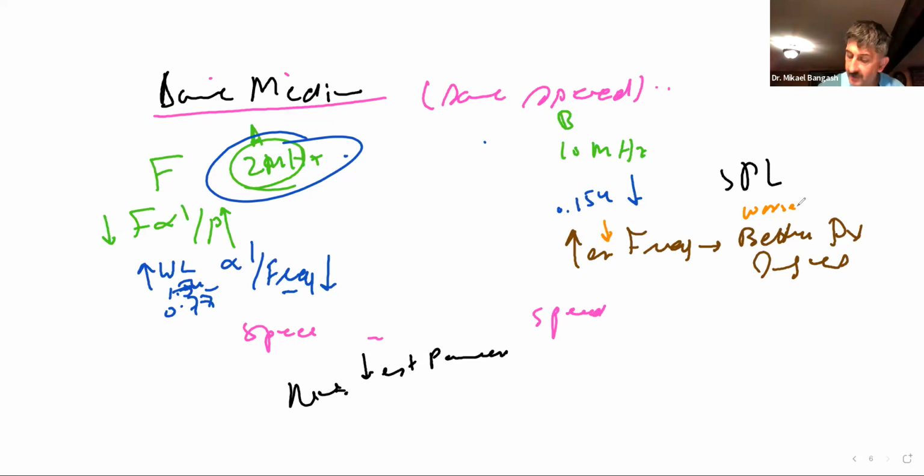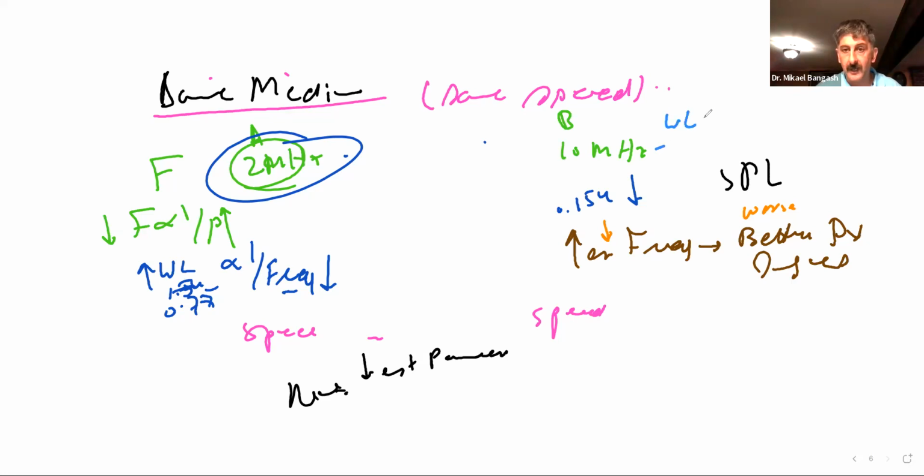Question 106. What is the wavelength of the 10 megahertz ultrasound in soft tissue? They may have just said this one here, and they specify that this was our 10 megahertz transducer.